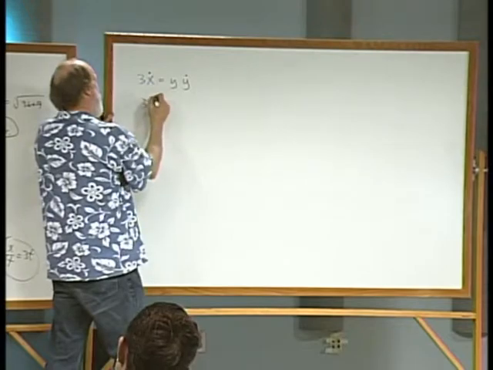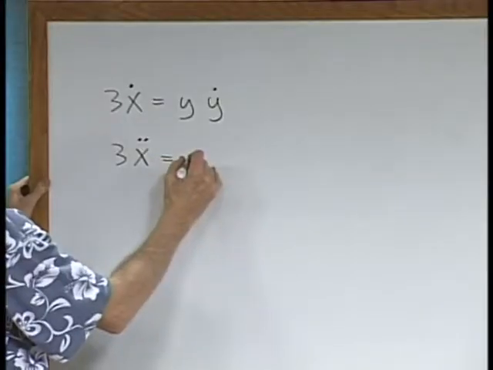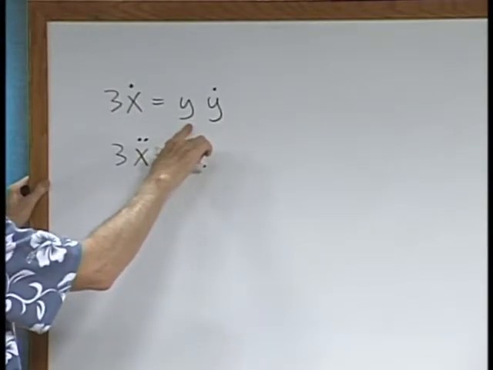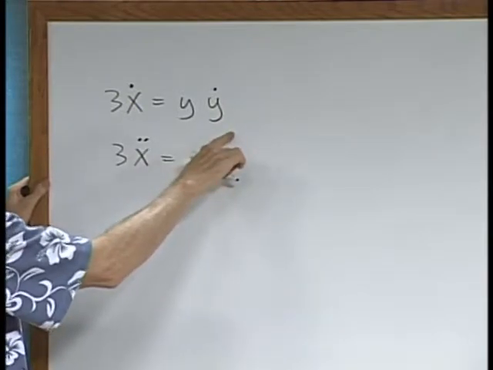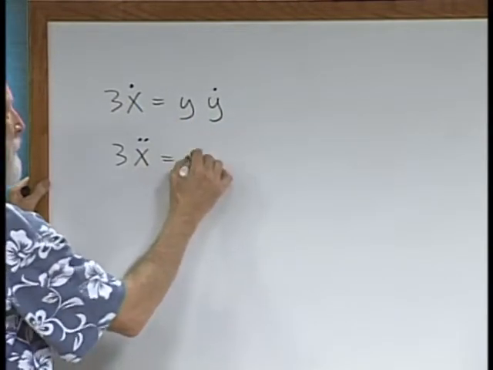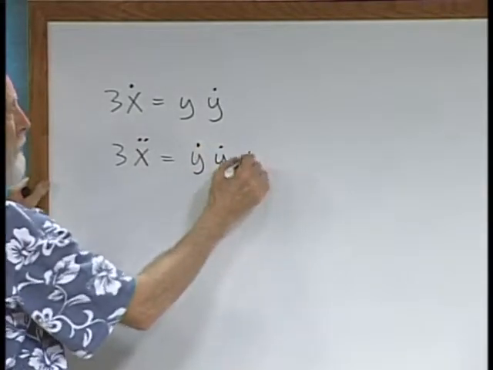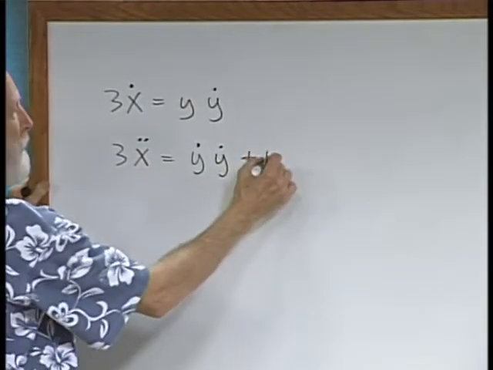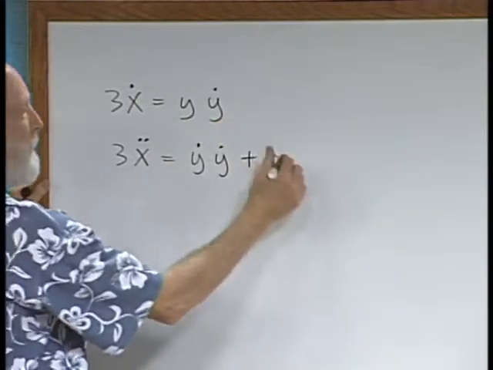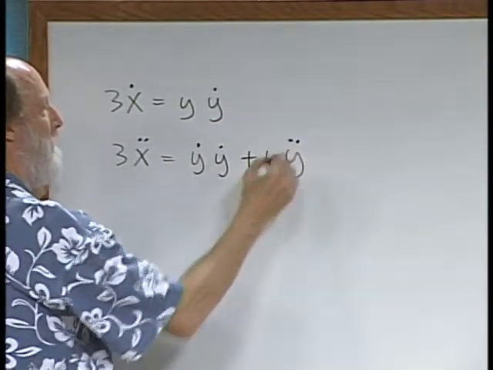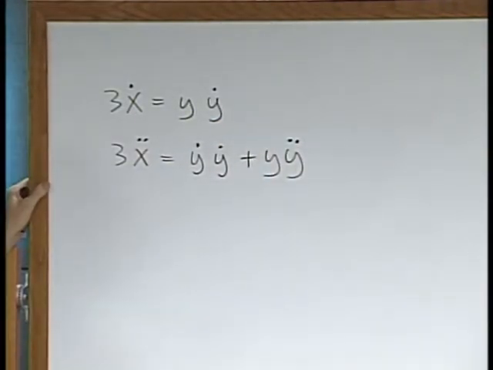So 3x double dot equals, over here we have a product of 2 time-dependent functions. So if I differentiate the first and leave the second one alone, plus our product rule, the opposite combination, leave the first function alone, differentiate the second function, we get this. Second order differential equation.